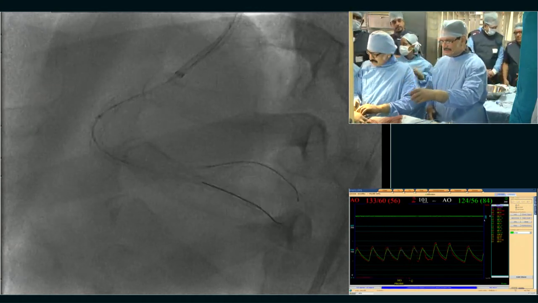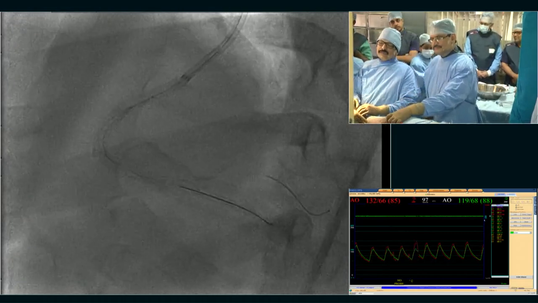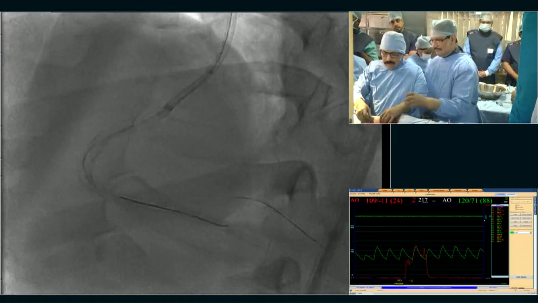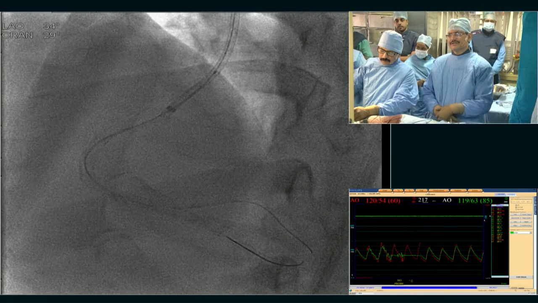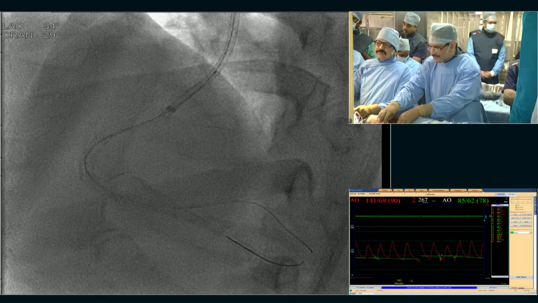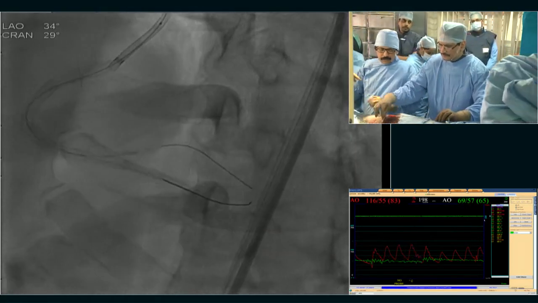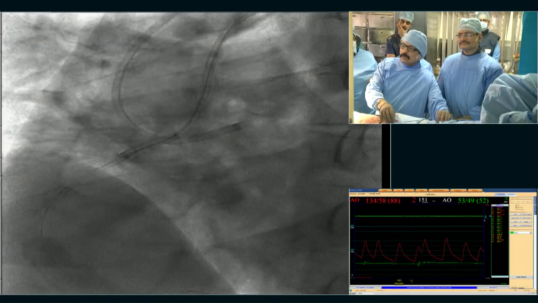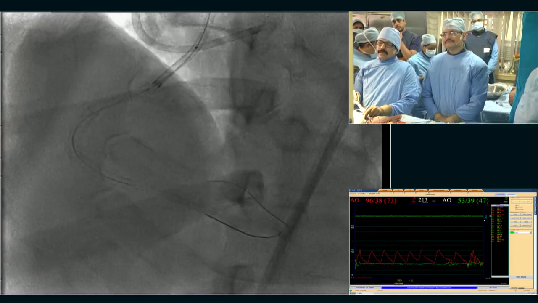Hold on, first let us do the injection and confirm the position. Okay, now retrograde injection please. Yes, retrograde, perfect. Retrograde injection, in which we want to give the same view, we can confirm the position. Engage the guiding.